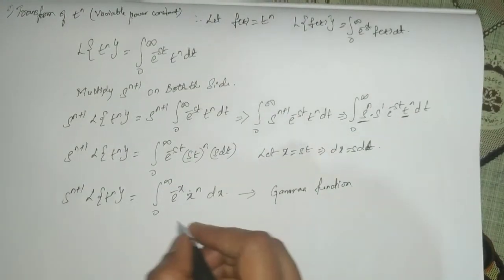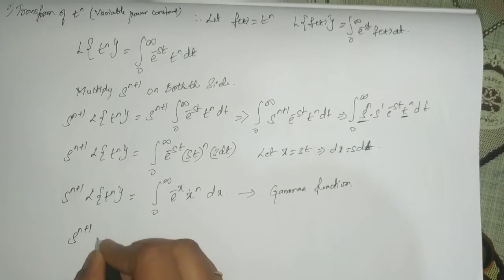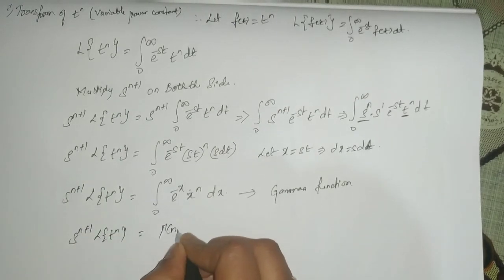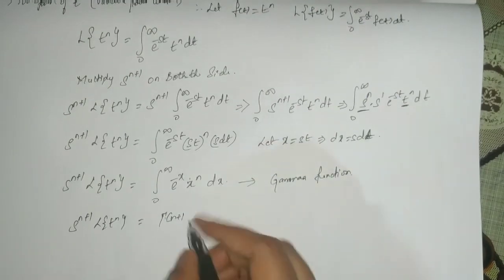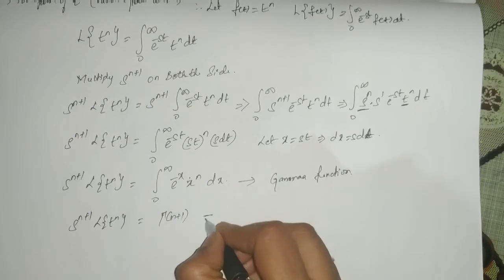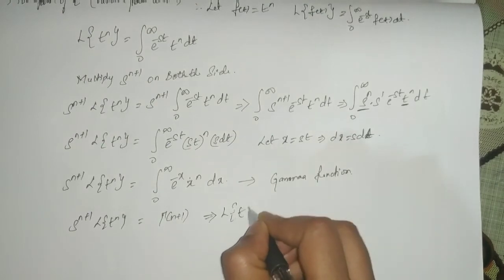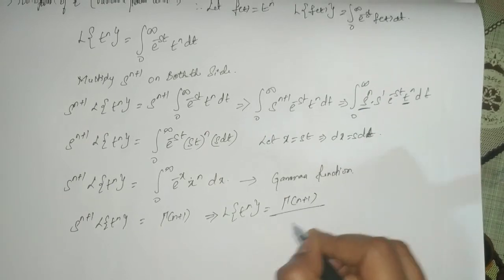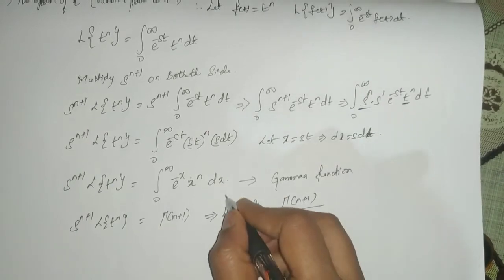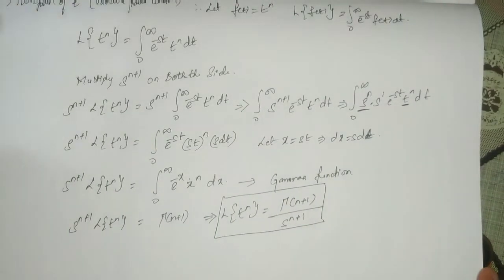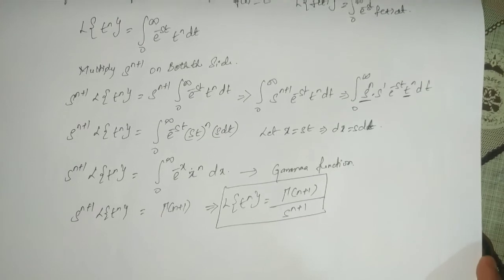So from the gamma function, this can be written as gamma of n plus 1. This is a standard formula with gamma function. So from here, Laplace transform of t power n can be defined as gamma of n plus 1 by s power n plus 1. So this is a formula for Laplace transform of variable power constant.